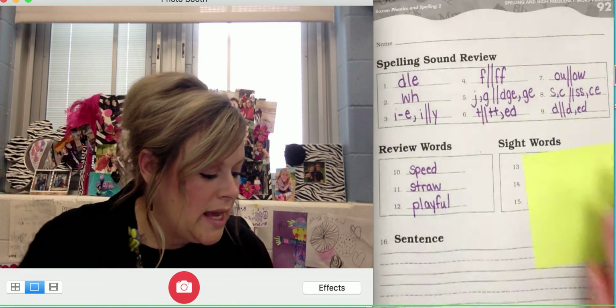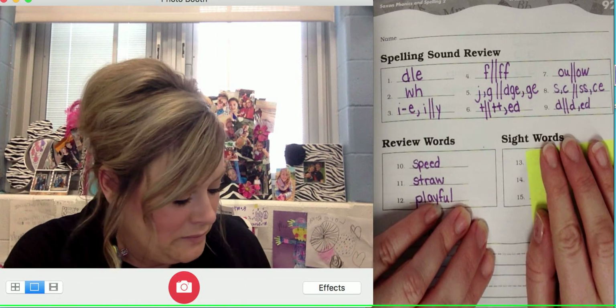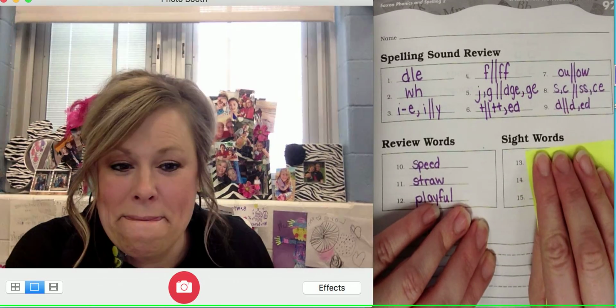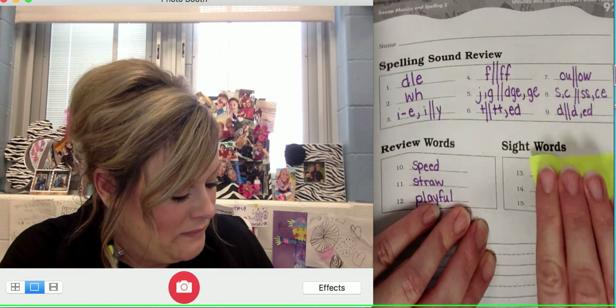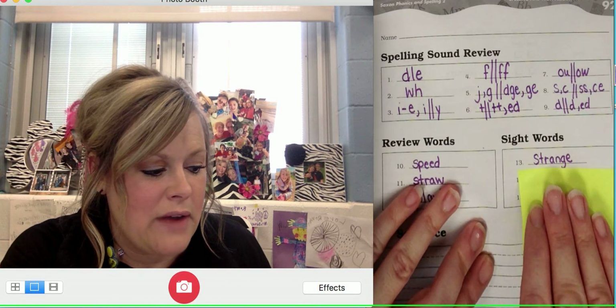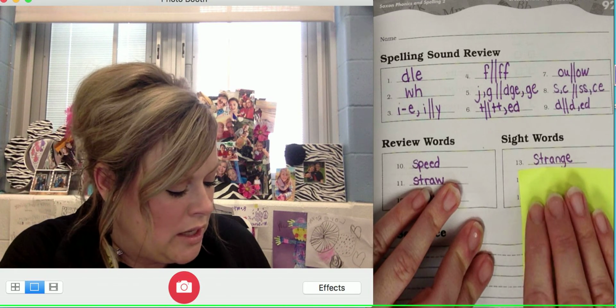Our sight words today, number 13 is strange. Repeat. Go ahead and write. Strange. S-T-R, that S-T-R blend is fair. And then A-N-G-E, strange.